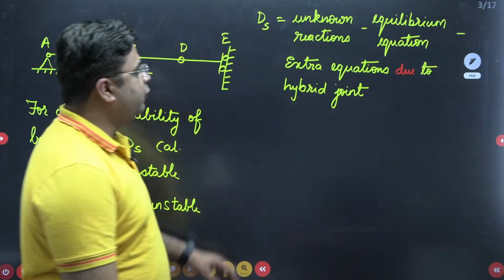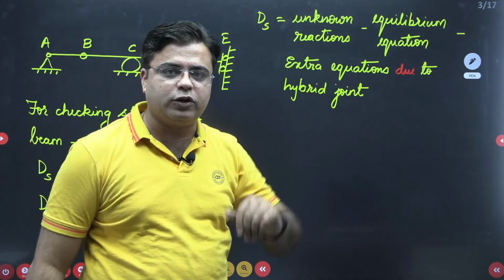So this is my formula for calculating the degree of static indeterminacy for the beam.